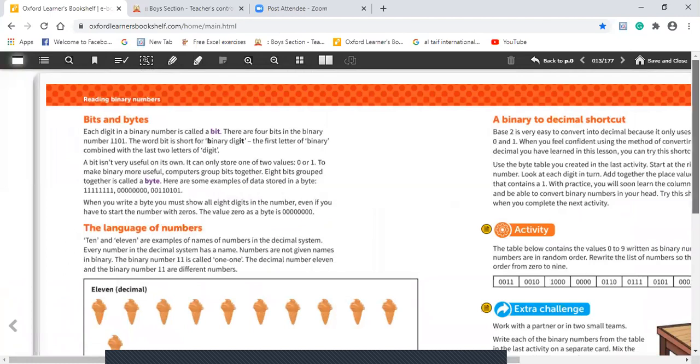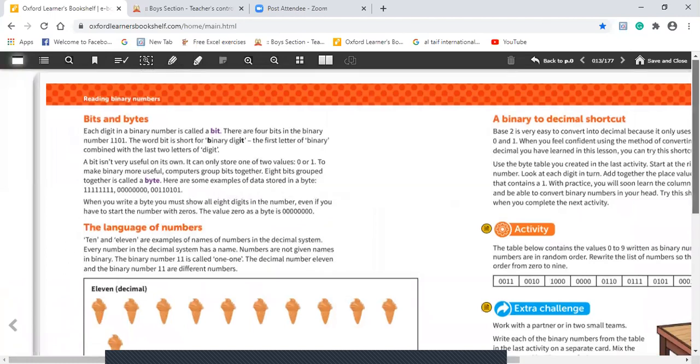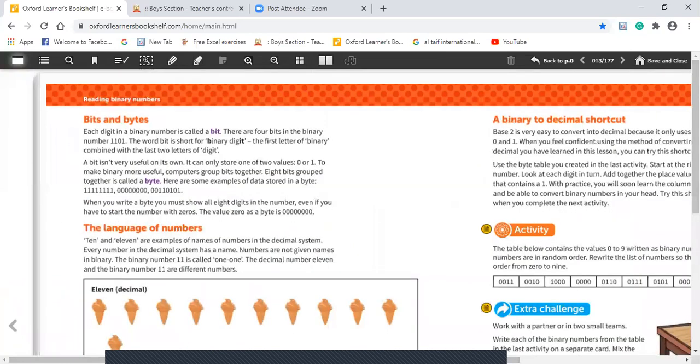Move to page number 12. We have bits and bytes. Each digit in a binary number is called a bit. There is a difference between bit and byte.